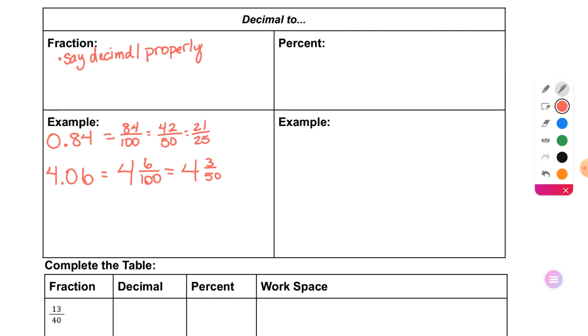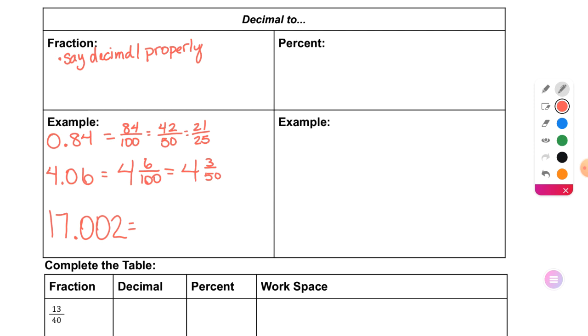I'm going to do one more. Let's do who can say it properly? Paxton? 17.002. Nope, that's the lazy way to say it. That's how we usually say it because it's quicker than saying it properly.